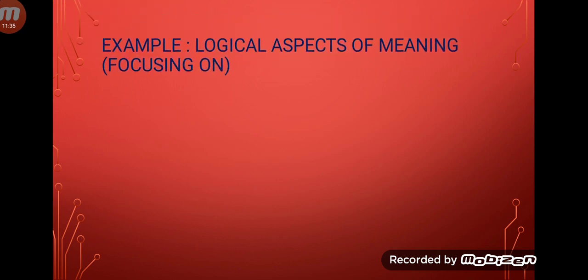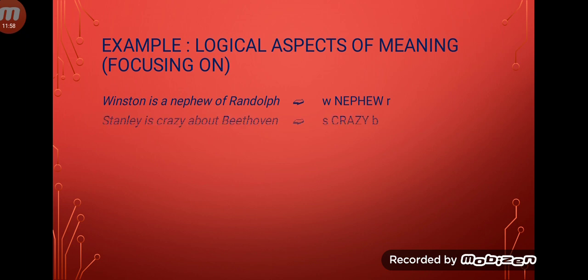Okay, I have an example here for the logical aspect of meaning. Winston is a nephew of Randolph, so we can write Winston as W, and then nephew becomes a predicator, and Randolph just write the initial R. Stanley is crazy about Beethoven.